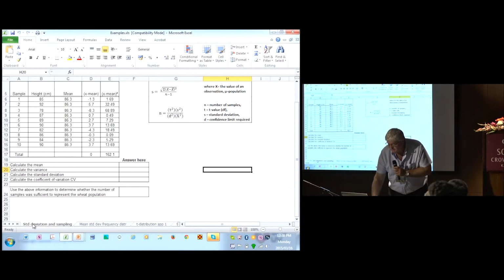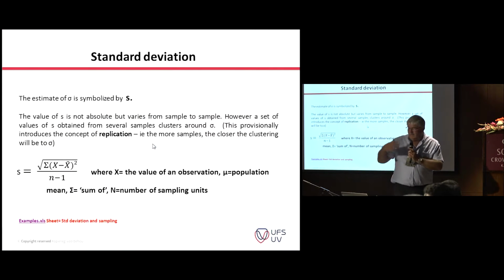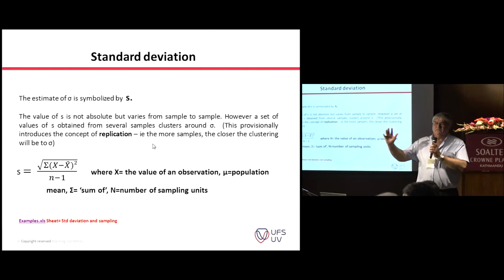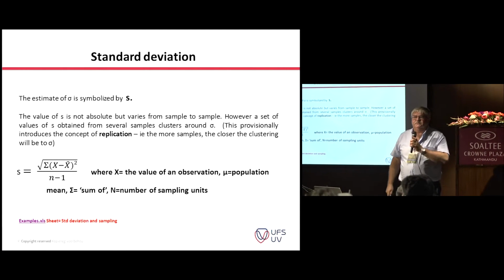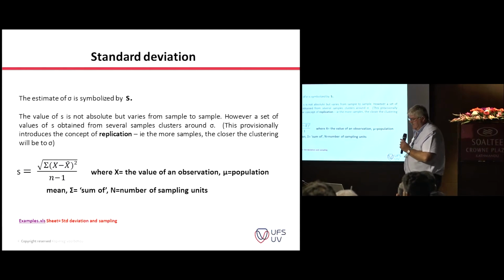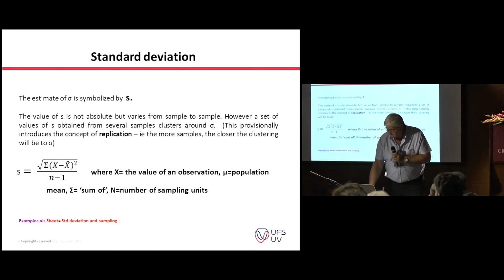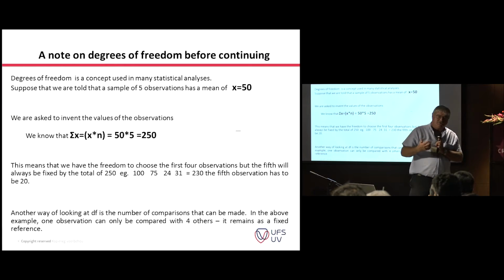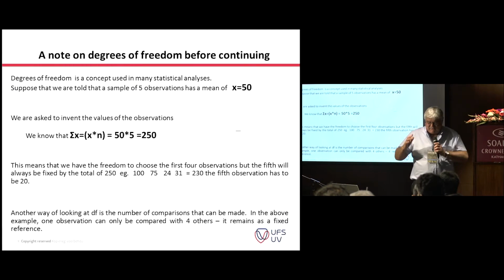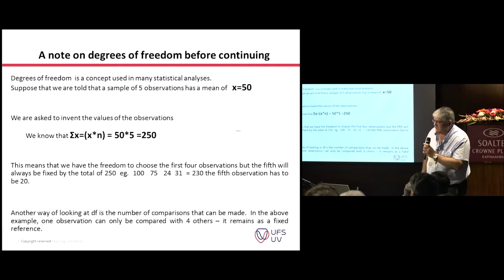But essentially what you're getting at is that the standard deviation then provides you with a figure of the distribution around the mean. And the larger the standard deviation, obviously there's more variation, and the smaller the standard deviation, the less the variation.